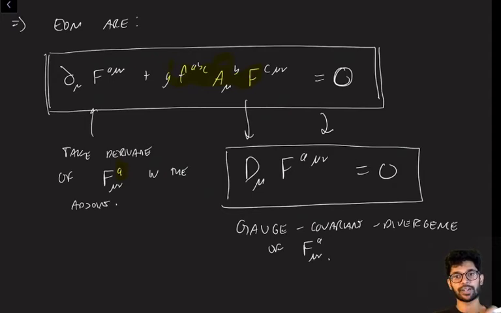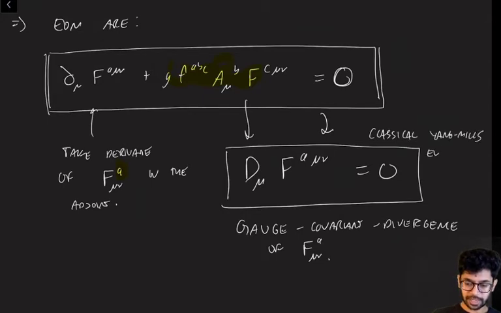Here it's the gauge covariant divergence of F. This is the so-called classical Yang-Mills equation. Again, the notation is very elegant and makes it look very simple. It's really quite a complicated nonlinear equation because F contains nonlinear terms in it.